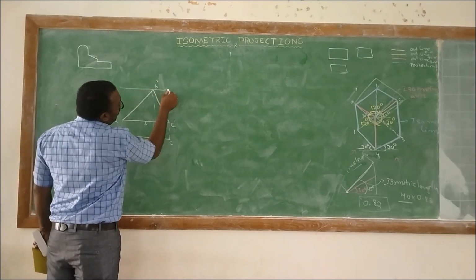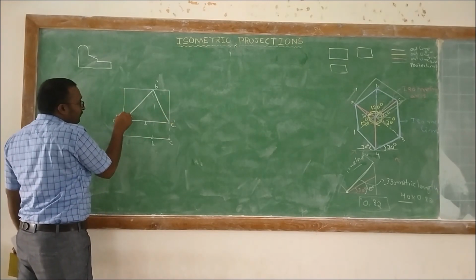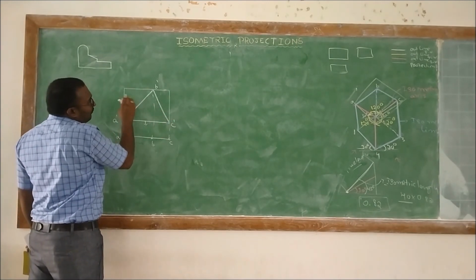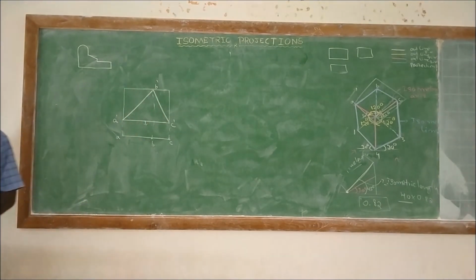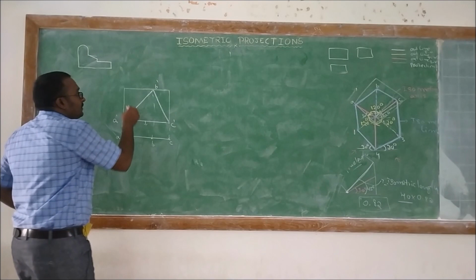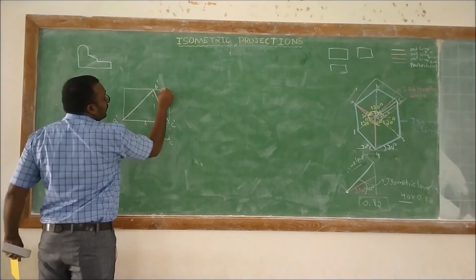So by creating a box outside that particular object, I am going to convert it into the side view. Here this is the box that I am going to create.